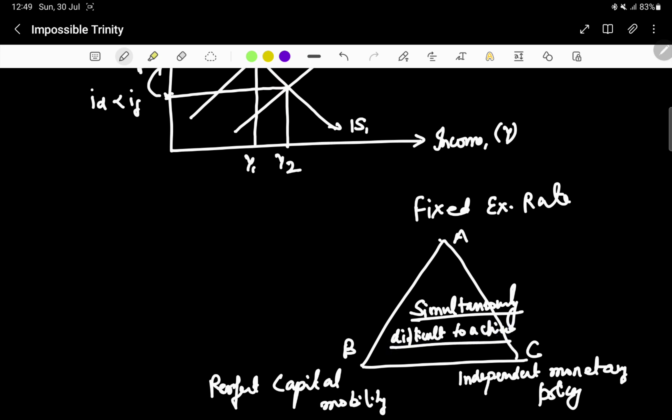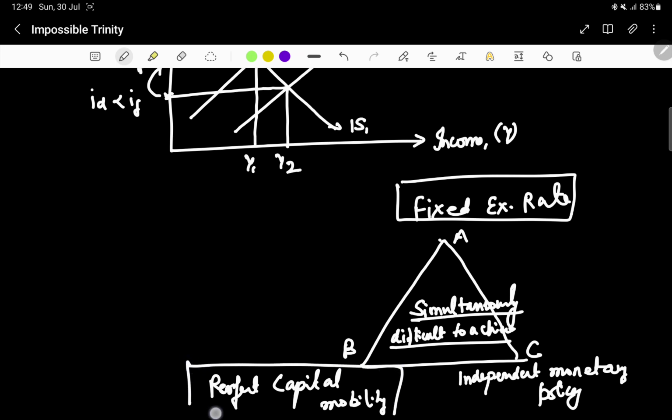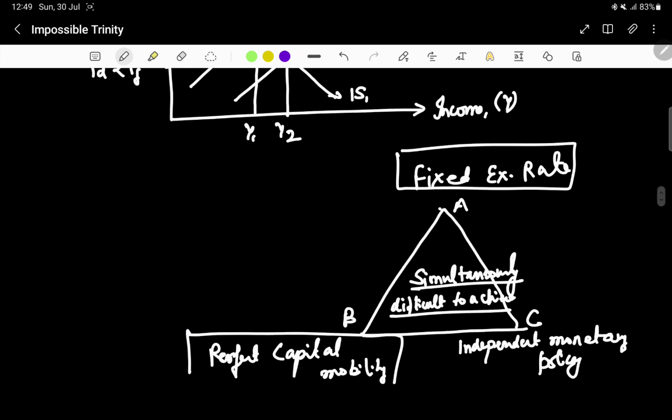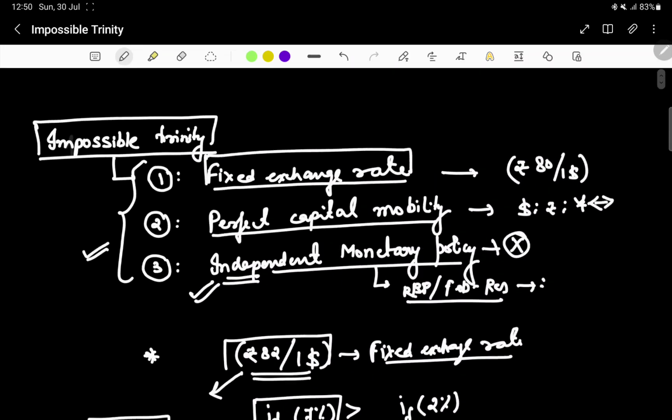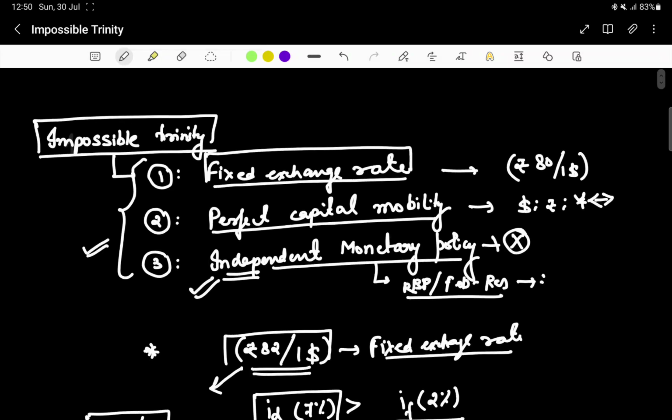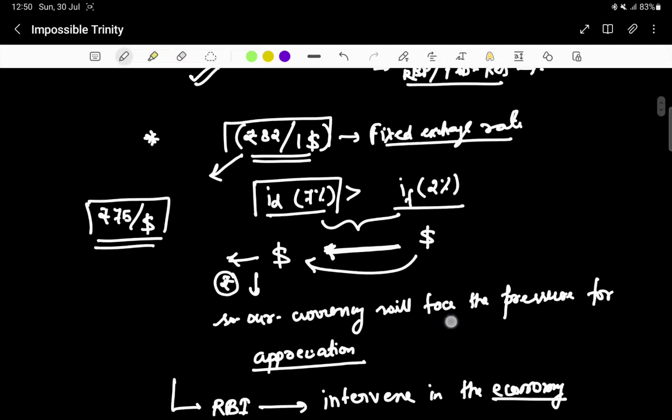So it is possible that you practice a fixed exchange rate and have perfect capital mobility, but then you will have to compromise on your independence of monetary policy. Your monetary policy has to intervene to ensure the fixed exchange rate. That is called the impossible trinity in economics. I hope you got the basic essence.